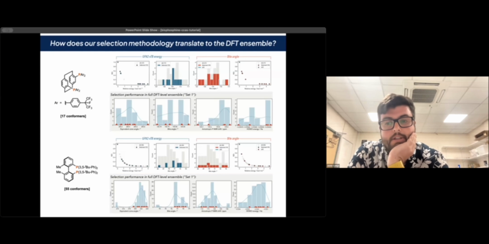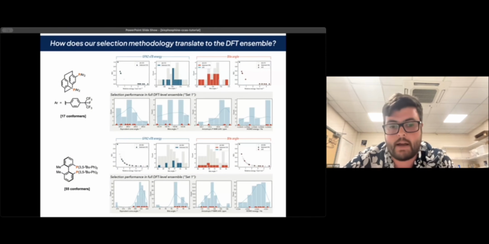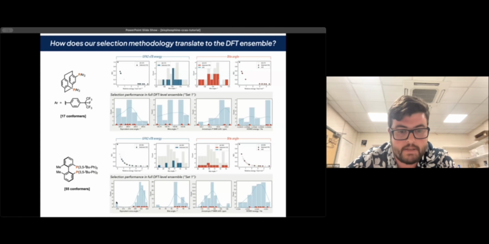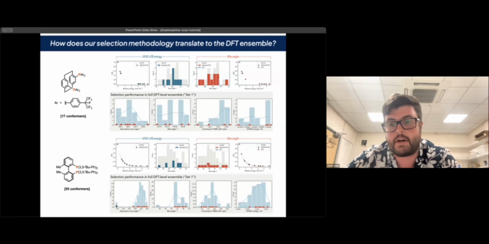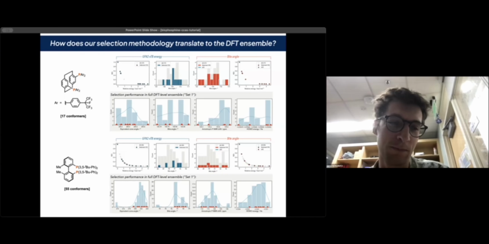The way I described it was basically as an approximation to the Boltzmann average, because you're not getting the full picture of the thermodynamic ensemble. So it's not a true Boltzmann average, but it's close to that. Looking at these examples down the bottom here, obviously this ligand at the bottom will affect the averaging of that term. Thank you.